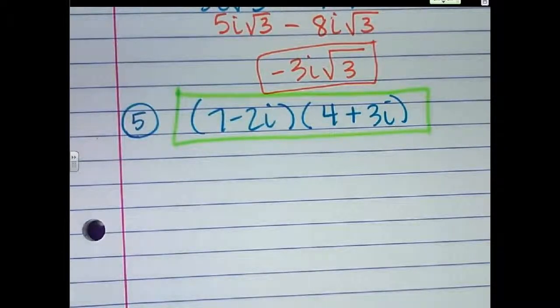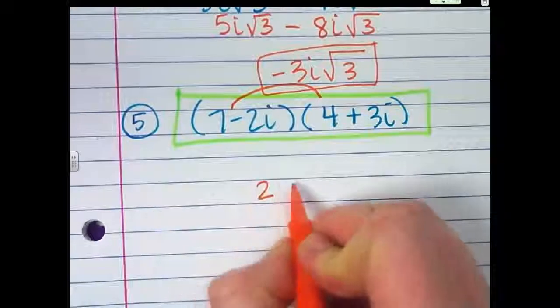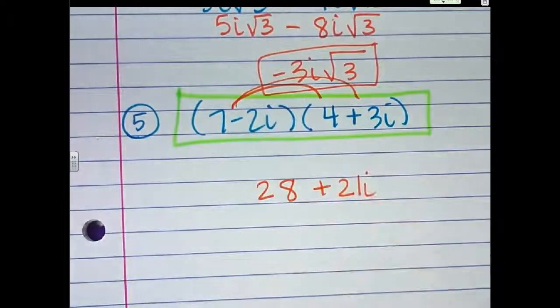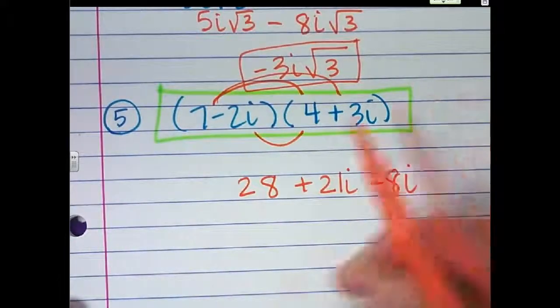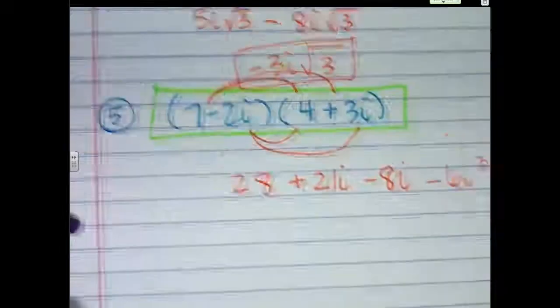Okay, number 5. How would you multiply this? FOIL, yeah, FOIL or distribute, whatever. So just multiply it out. 28. Nothing changes here. Plus 21i minus 8i minus 6i squared.